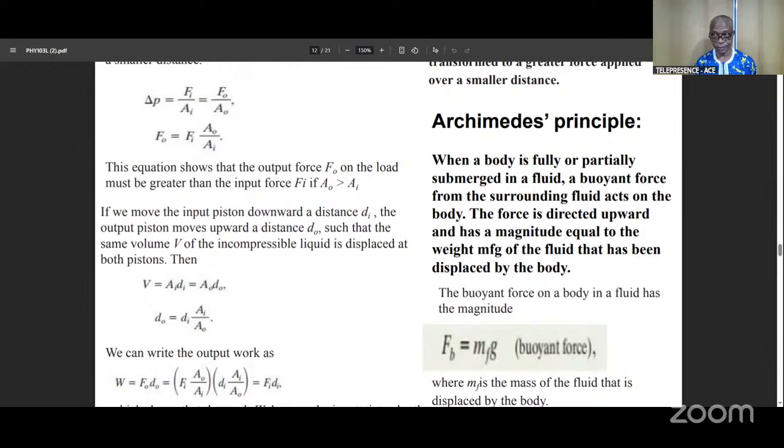The weight of fluid that has been displaced must be equal to the buoyant force, or what we call the upthrust.